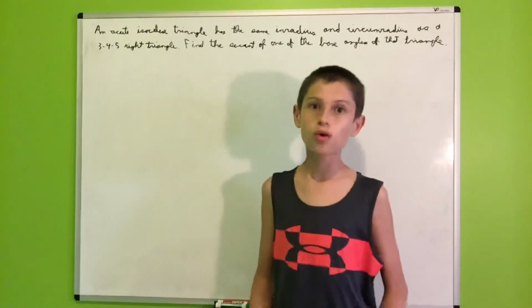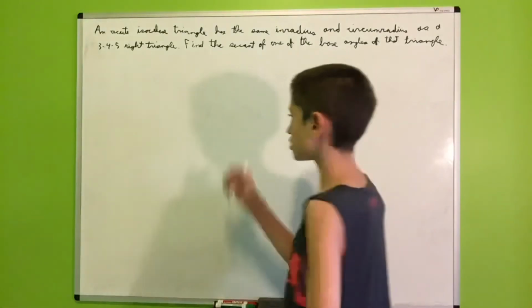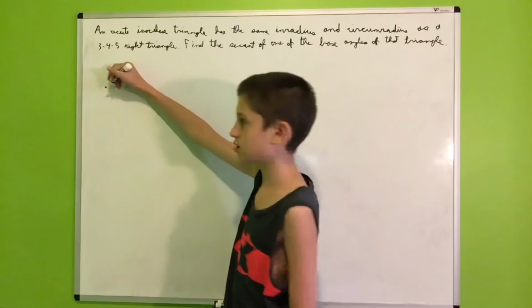So first, we will draw the 3, 4, 5 triangle and the circumcircle and an incircle. This might take a long time.